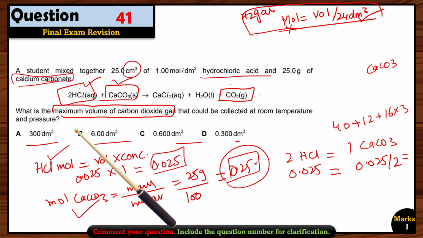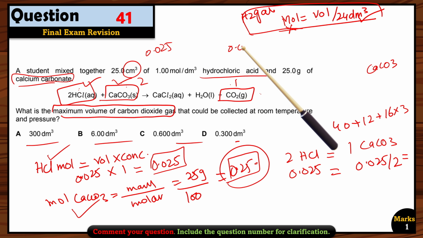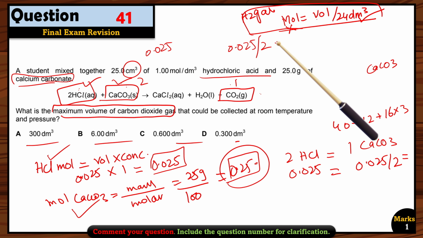Now see, 1 calcium carbonate and 2 HCl are actually giving you 1 carbon dioxide, right? So 0.025 will give you how much? 0.025 divided by 2. What will be your answer?